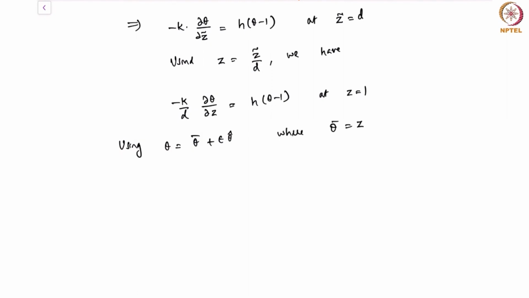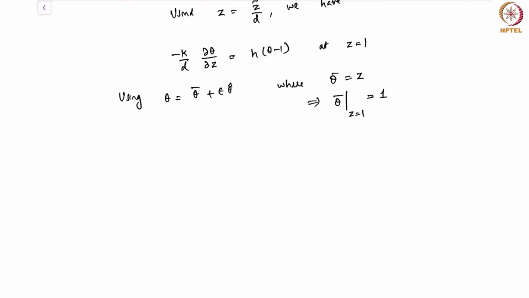Okay, this implies that theta bar at z is equal to 1 is simply 1. So if we substitute this perturbation, what do we have now is minus k by d of del by del z of theta bar plus epsilon theta hat is nothing but h of theta minus 1.